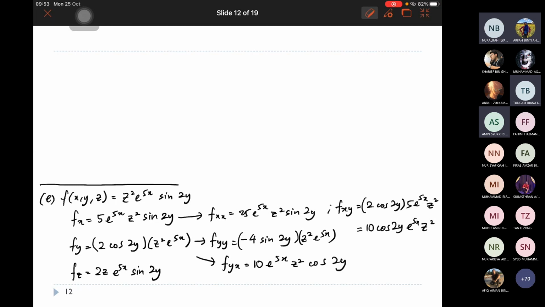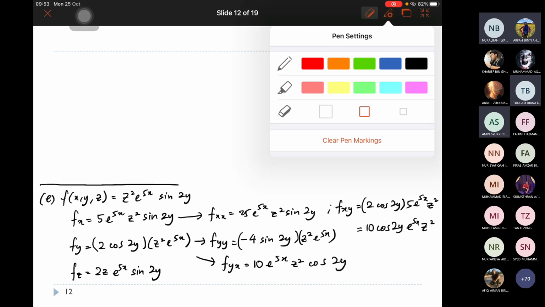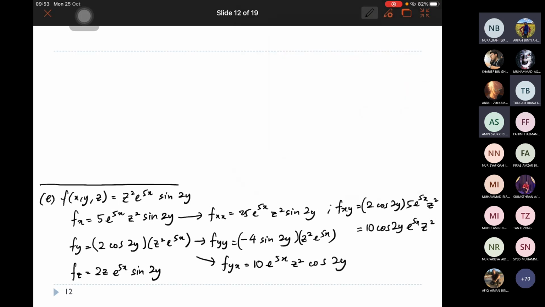So, dapat kita dah cari fxx, fxy, fyy, fyx. Then soalan suruh cari fxyz. Okay. fxy awak equal to 10 cos 2y exponential 5x z squared. fxyz.